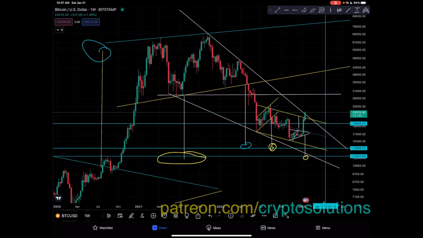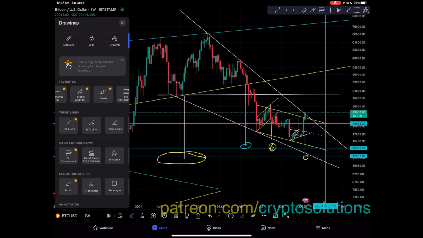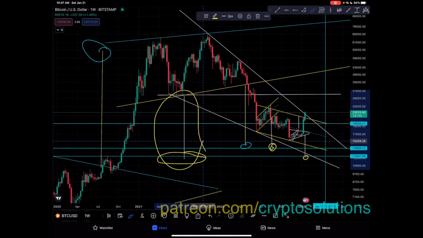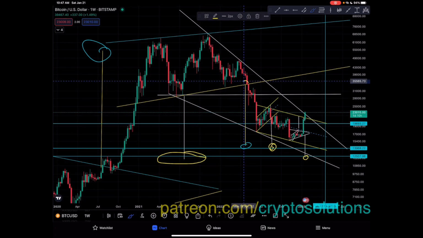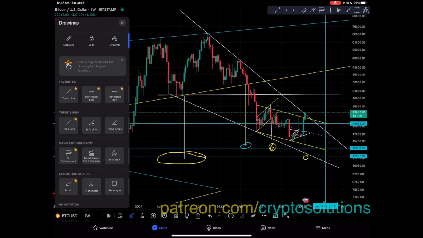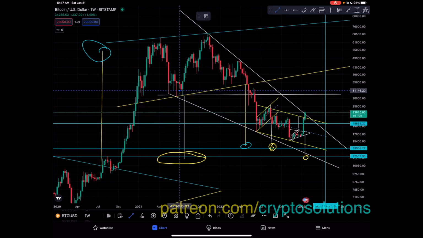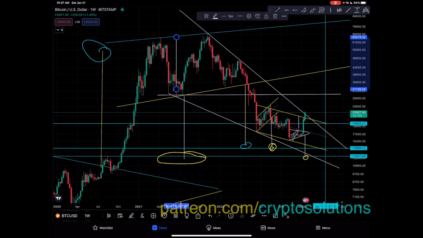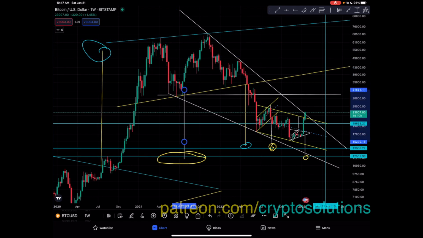And how? So these targets of what you're seeing here, these targets right here, those are the very wick to wick scenario. But if we use the conservative approach, that means using the body candle closes from this double top from here to here, and we put it like this, then, wow, there.